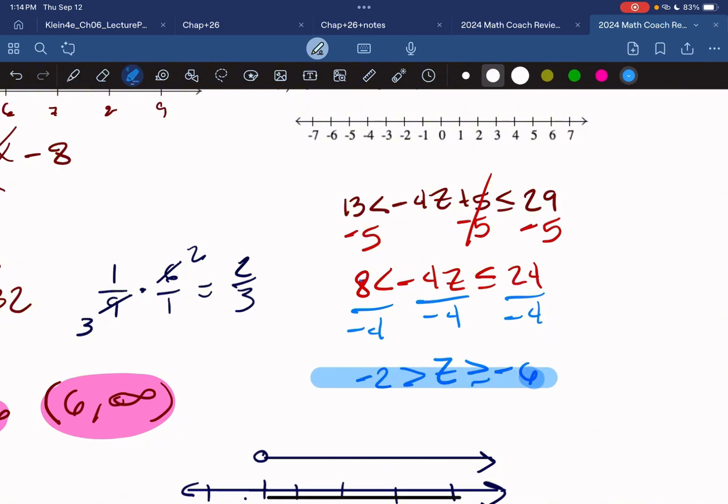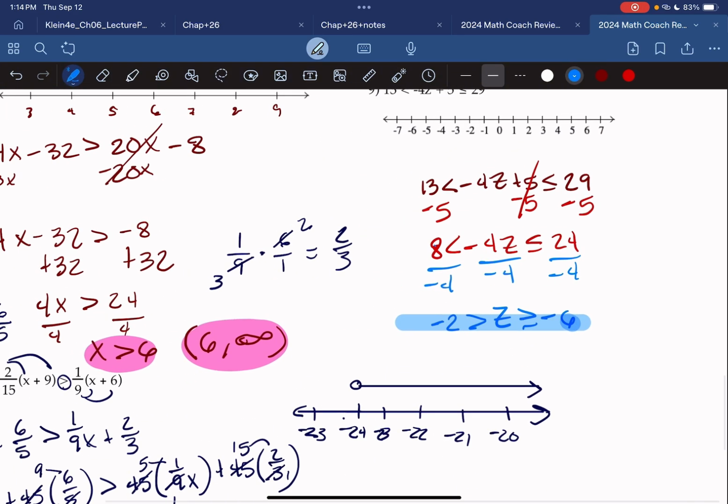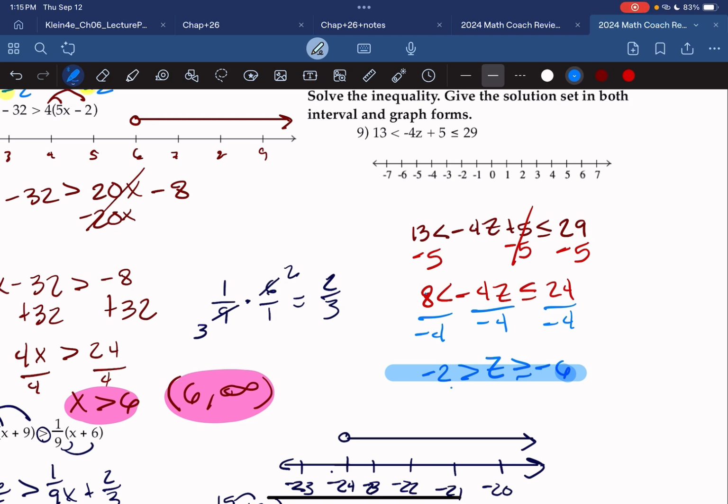So now, interval notation for this is going to be together. Notice that the negative 2 is just a regular sign with no line under. It's just less than, not less than or equal to. So that's going to have a parenthesis, negative 6, comma, negative 2, since it's an AND, we don't include infinity.